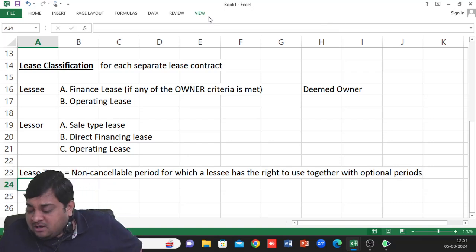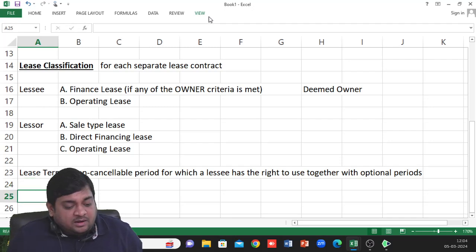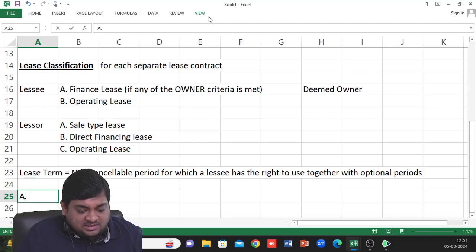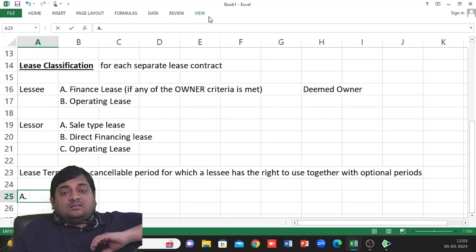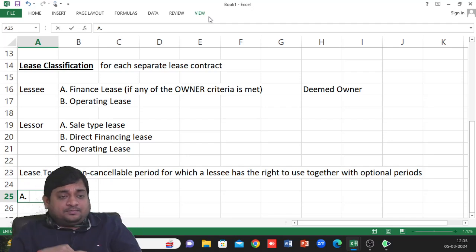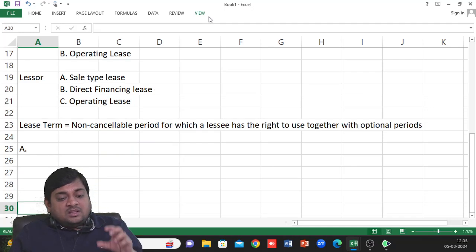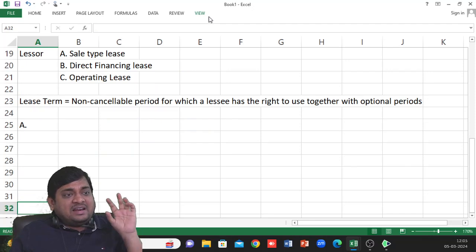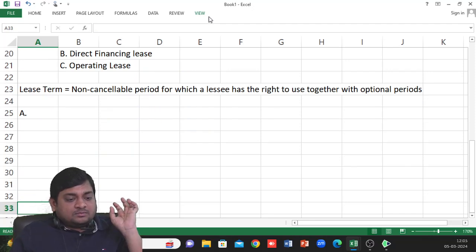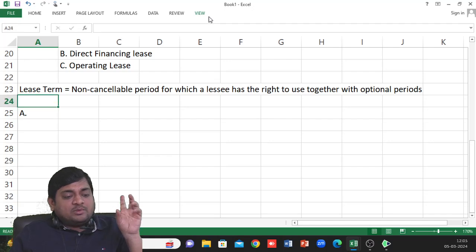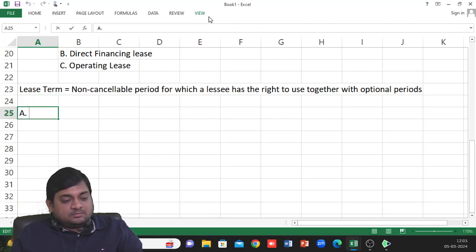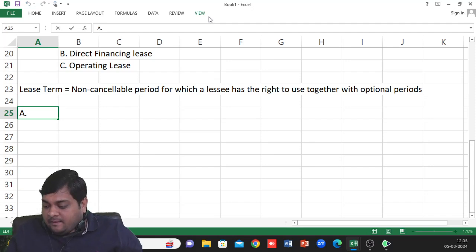There are some optional periods, right? Now, what are those optional periods? There is an extension, and the person is reasonably certain that he will exercise that option. So that particular time period will also be included in the lease term, right?